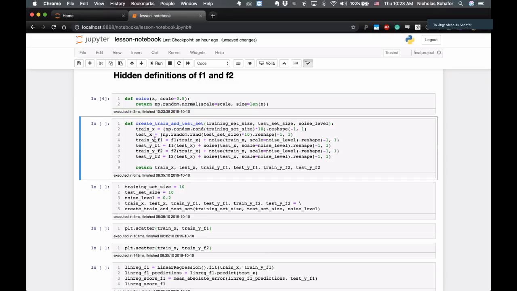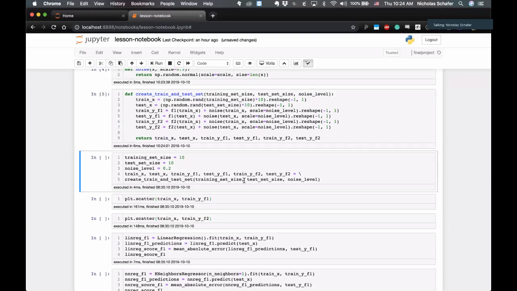And the second comes up with a single training and test set for the x values, and then builds two different training and test sets using the two different functions that I defined above, f1 and f2. And to each of the terms, I'm going to add some random noise. And I can specify the noise level as an input here.